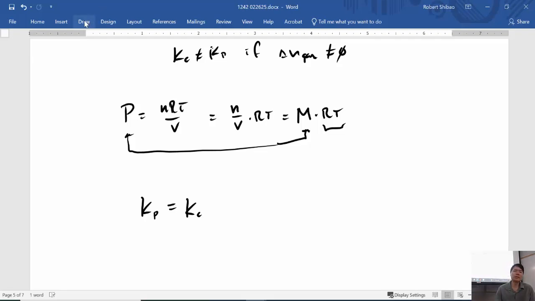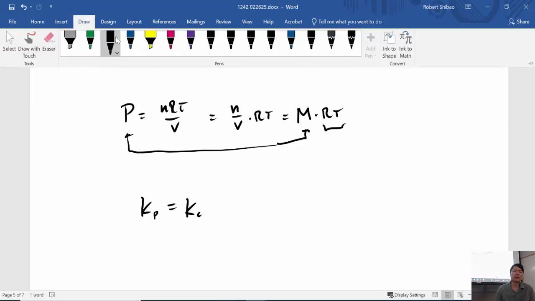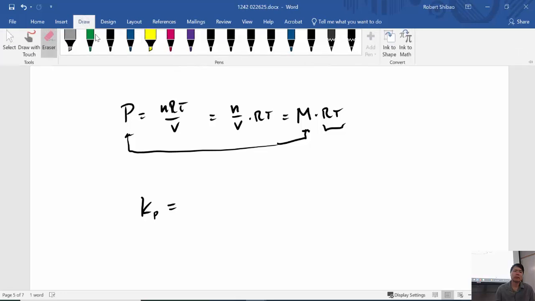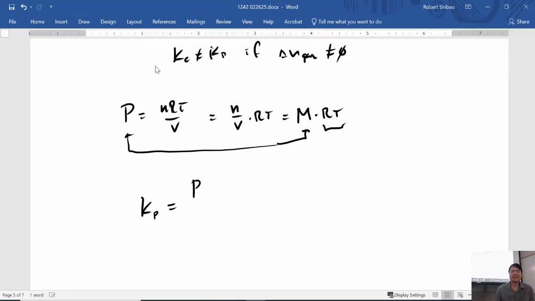or actually, let's not do it. Let me do it that way. Let me erase this, sorry. So it's just the pressure of the gas, of the products or the reactants. And then the pressure of the gas is equal to the molarity of the gas.